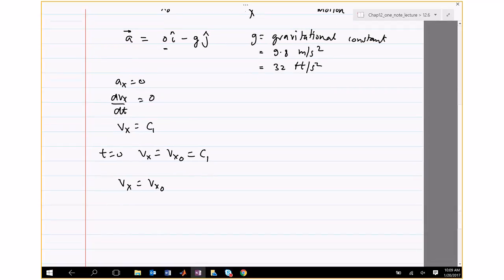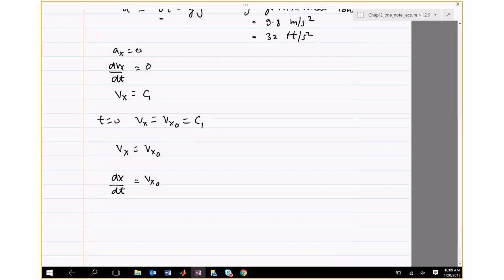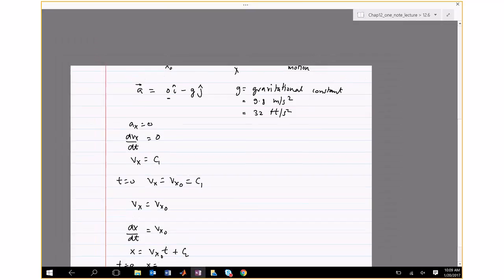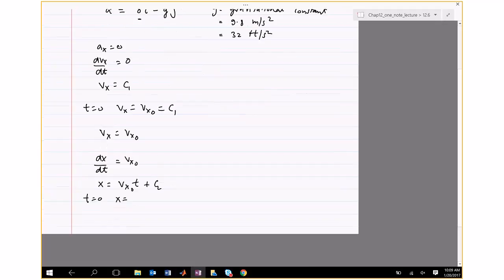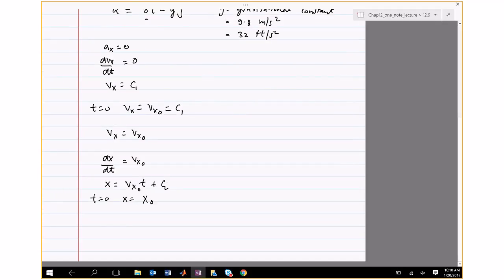Next I want to find the position as a function of time. In this case, vx is dx/dt equals vx0. If I integrate that again, I get x equals vx0 t plus c2. I know that at t equals 0, x is x0. So x0 is vx0 times 0 plus c2, which means c2 is x0.